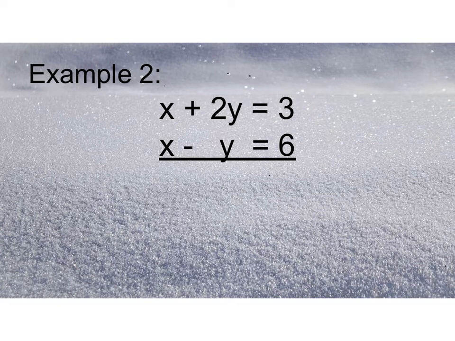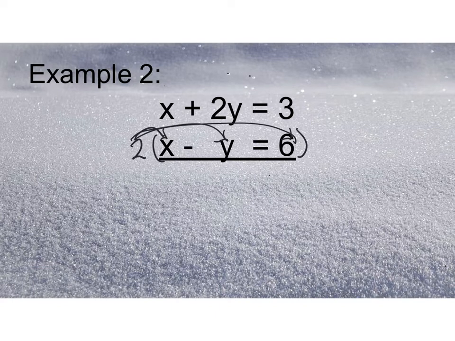Now, you may be wondering, why don't I do it by the multiplying by 2 way, just to show you that that would work just as easily. So if I multiply by 2 for the bottom equation, so that I could cancel out my y's using that elimination method, I'm going to multiply by 2 for every single term in this equation.